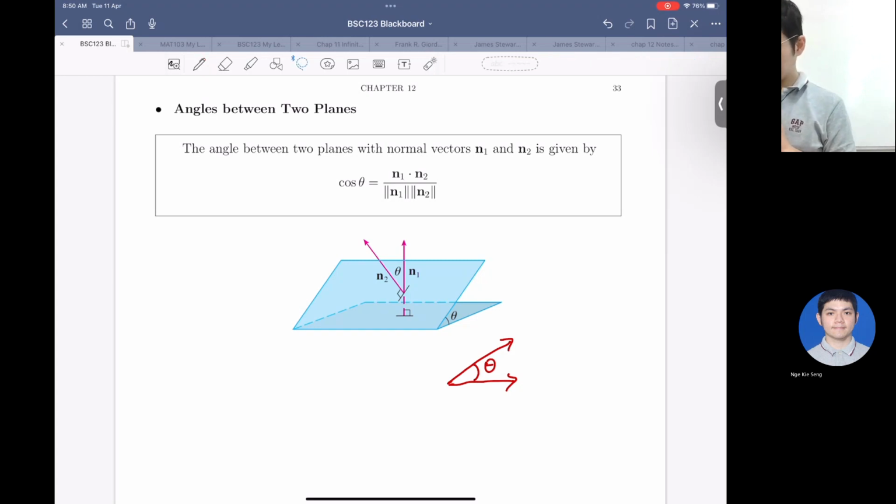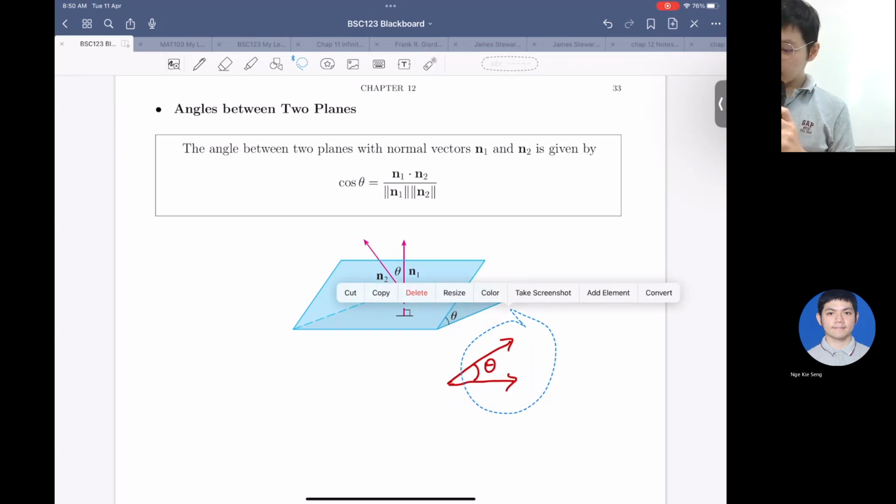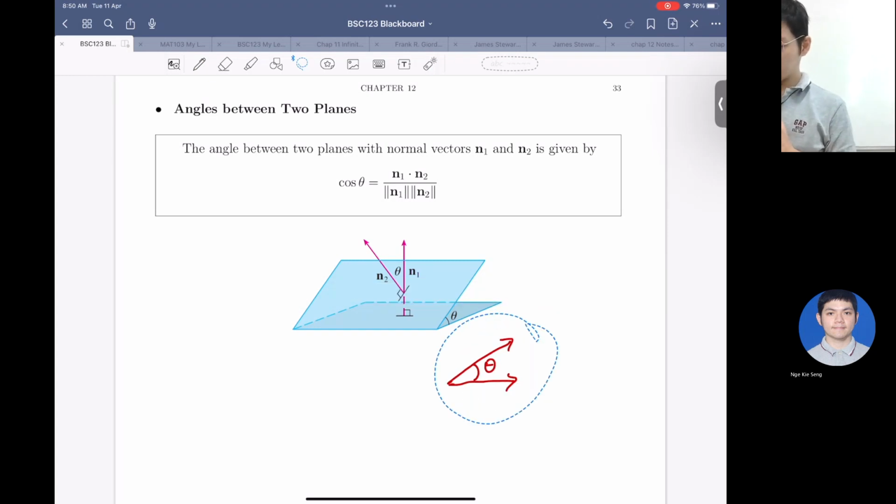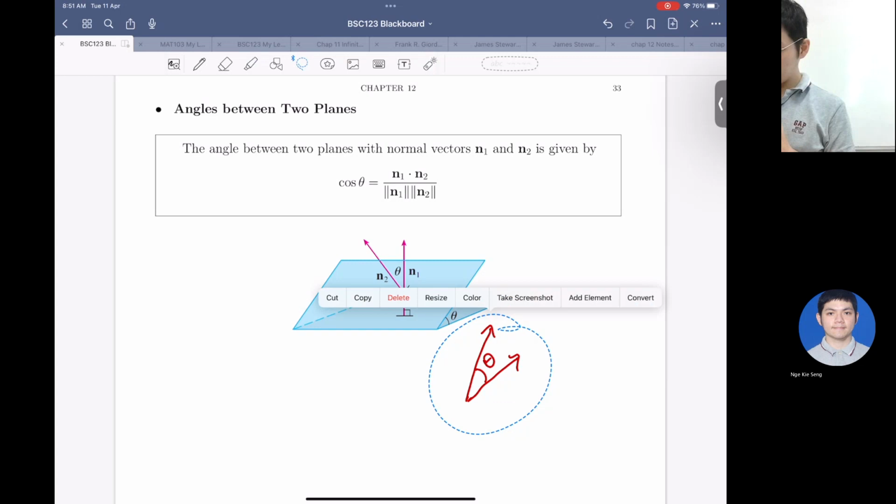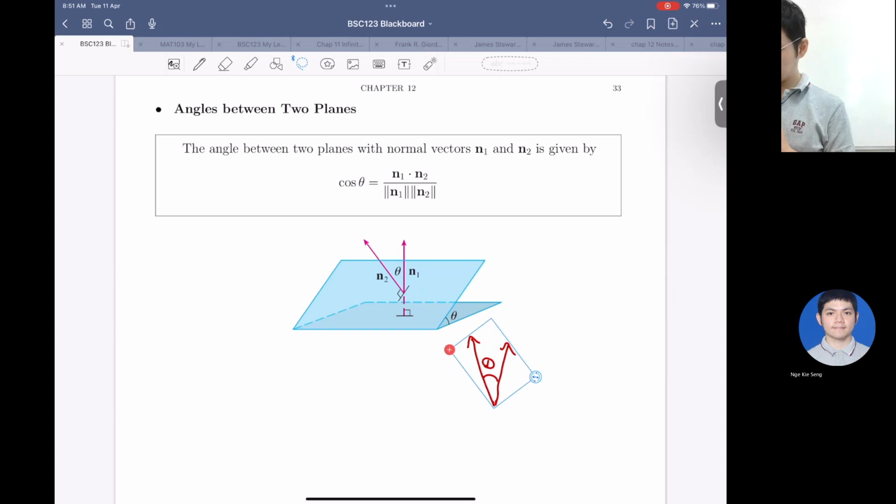Let's see how. The normal vector is 90 degrees to the plane, so you can rotate the plane to the vector, or the other way, rotate the normal vector to the vector on your plane, such that they are the same.